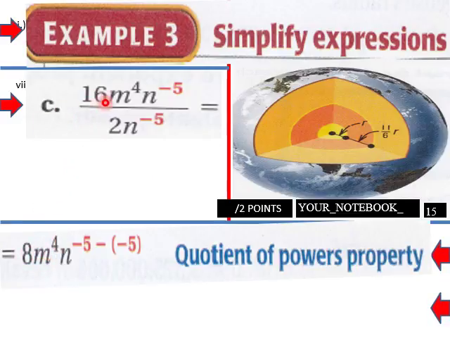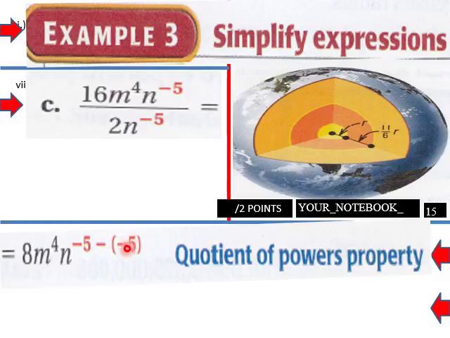So 8m to the 4th n to the negative 5th over n to the negative 5th, quotient of powers. So these cancel here, so the 8 stays. Then m to the 4th stays the same, but we subtract n to the negative 5th minus negative 5th.